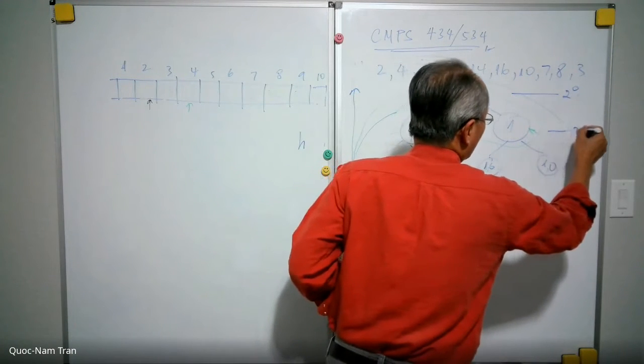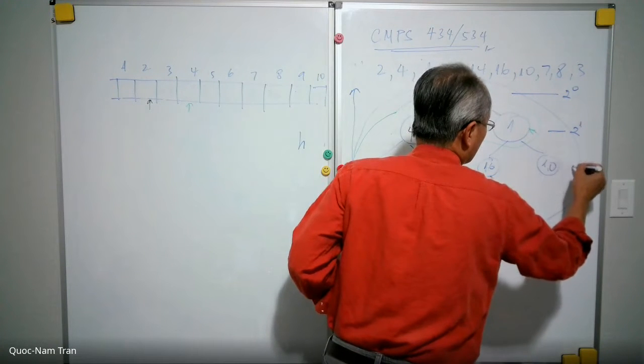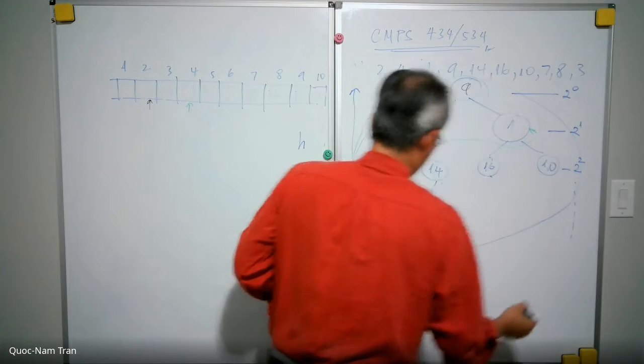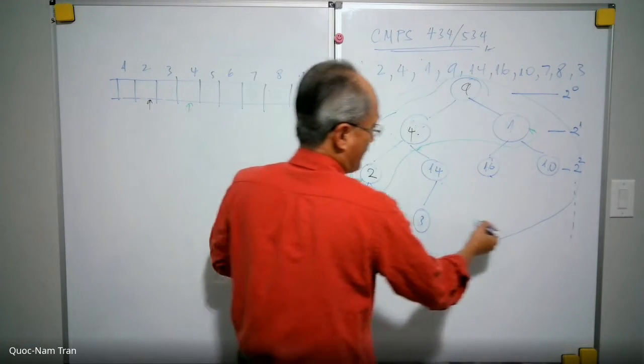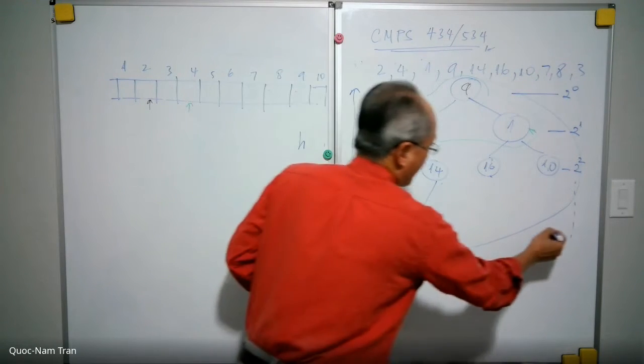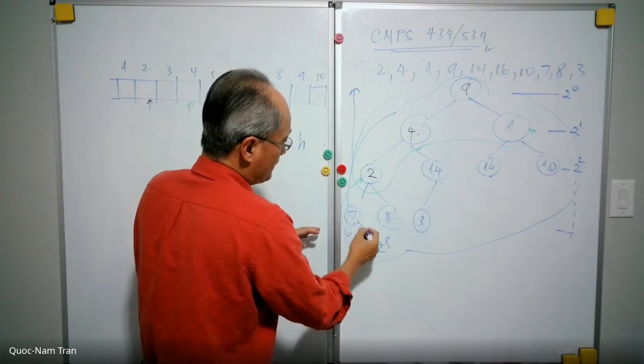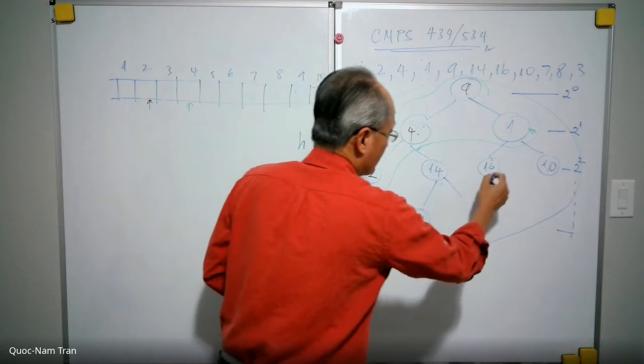The second level has 2. The next one has 2 squared. And then how about the last one? If you have n elements, it will continue.